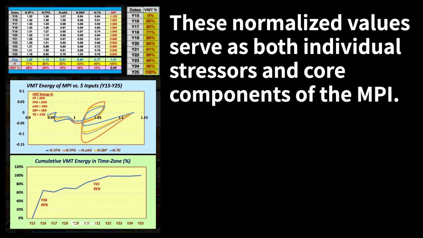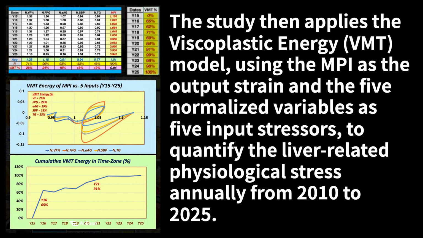These normalized values serve as both individual stressors and core components of the MPI. The study then applies the viscoplastic energy, VMT, model, using the MPI as the output strain and the 5 normalized variables as 5 input stressors, to quantify the liver-related physiological stress annually from 2010 to 2025.